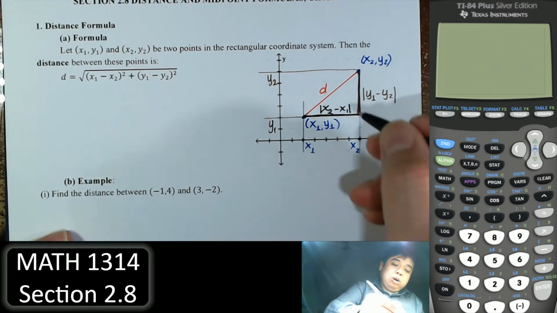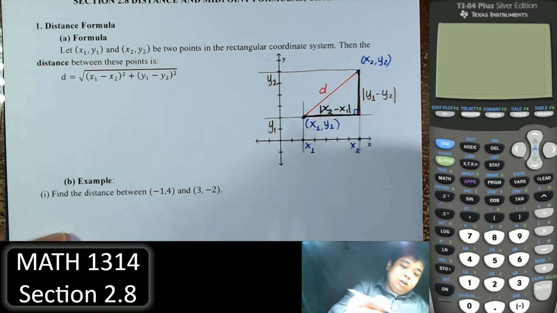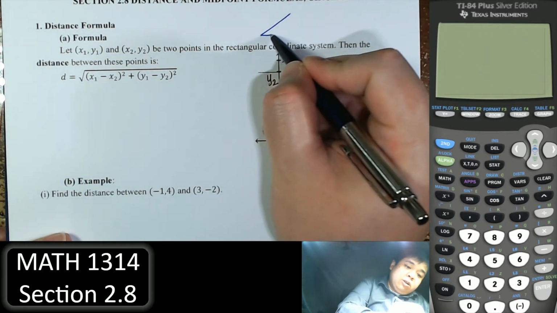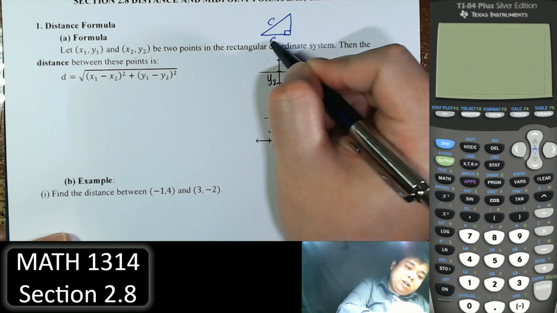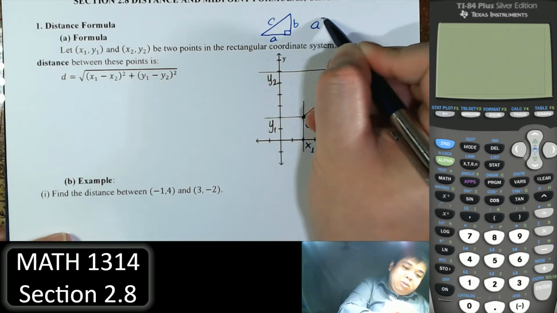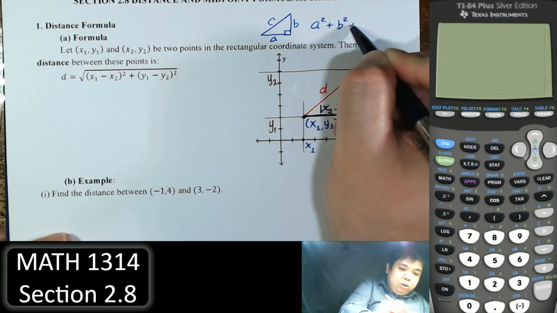So what we have here is a right triangle, and in a right triangle, the Pythagorean theorem says a square plus b square equal to c square.